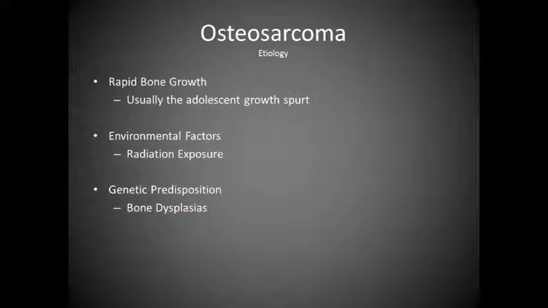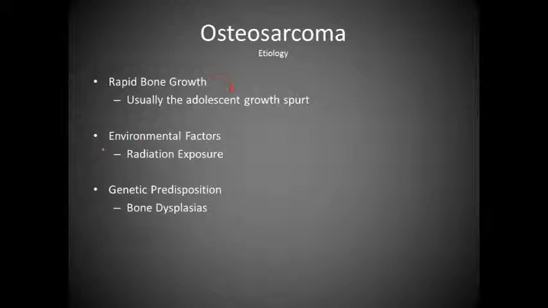So, what causes osteosarcoma? Rapid bone growth, as we see in the adolescent growth spurt, when height just kind of takes off all of a sudden. That is one of the things that are thought to cause it. Also, environmental exposure such as radiation. We really don't understand what the linkage could be there, but it's a possibility.